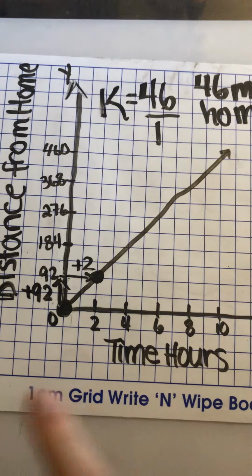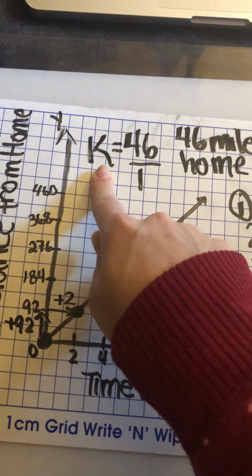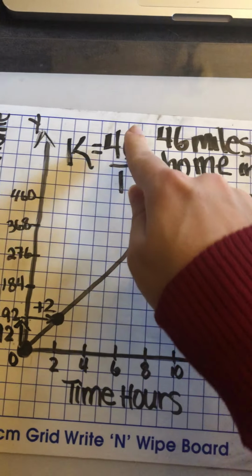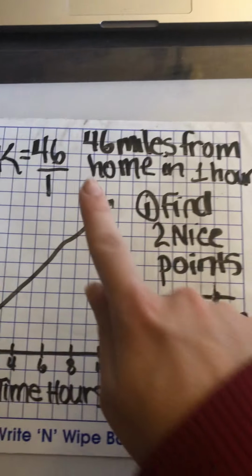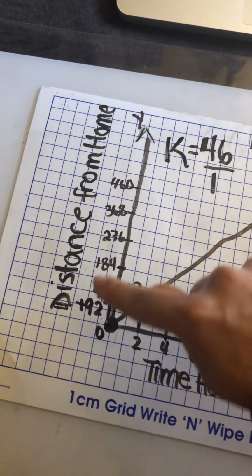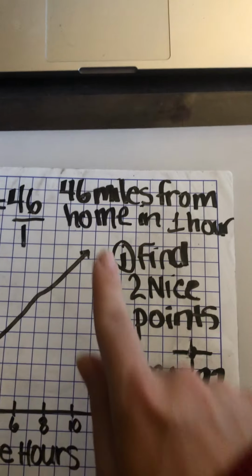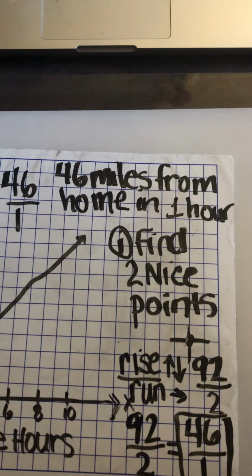Then we said, since this graph is proportional, I can use the letter K for my constant. So my constant is 46 over 1, and then we just relate it back to the problem. The 46 would be representing the distance from home, and the 1 would be representing the hour. So we would be 46 miles from home in 1 hour.